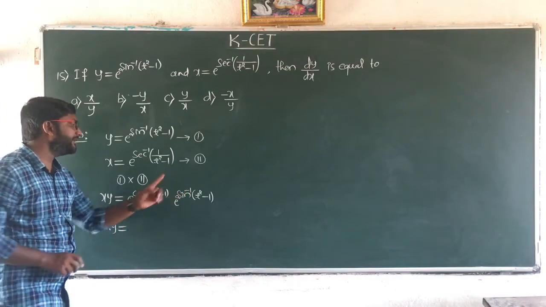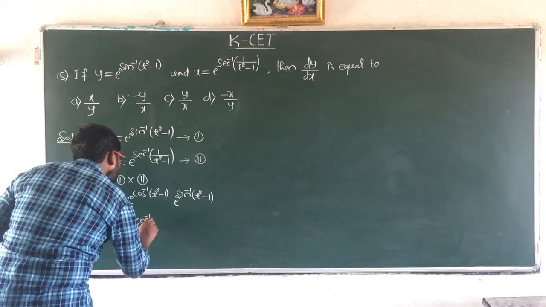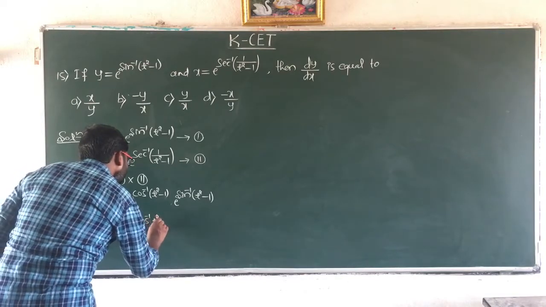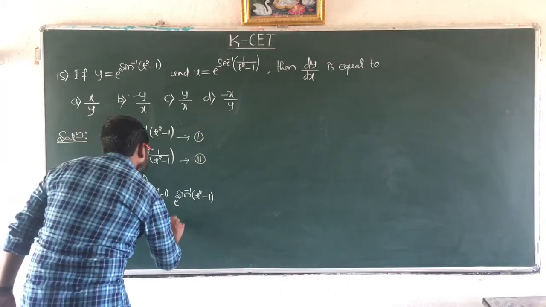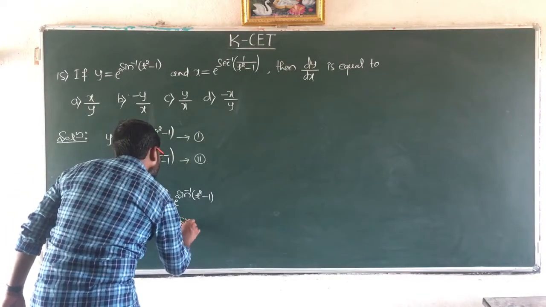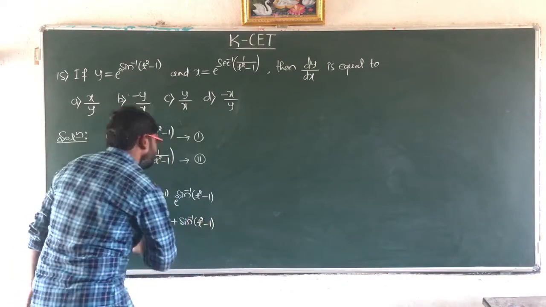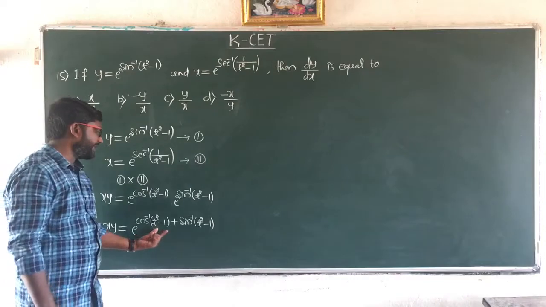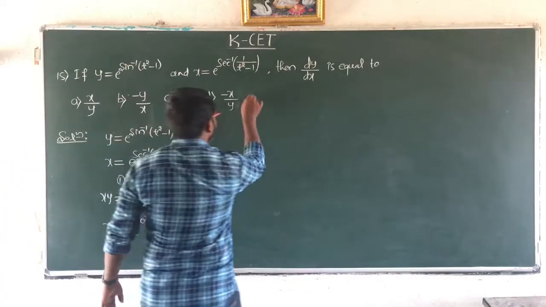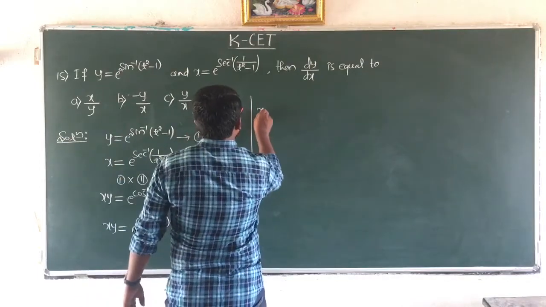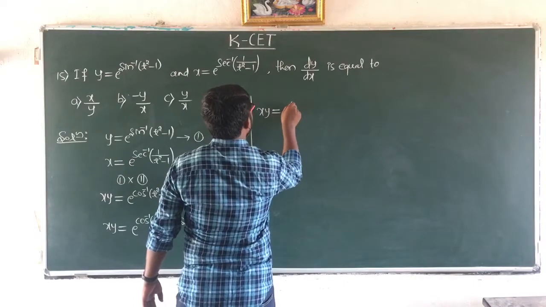The powers will be added up. e raised to (cos inverse (t square minus 1) plus sine inverse (t square minus 1)). We have the property cos inverse x plus sine inverse x is equal to pi by 2. So xy is equal to e raised to pi by 2.